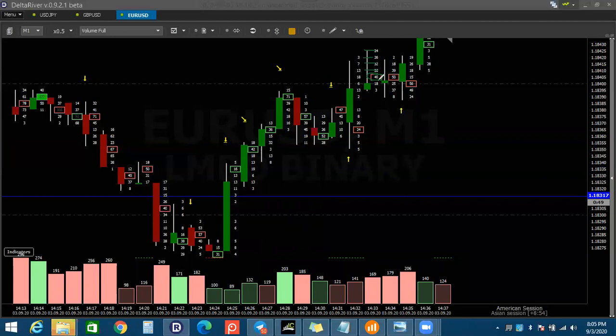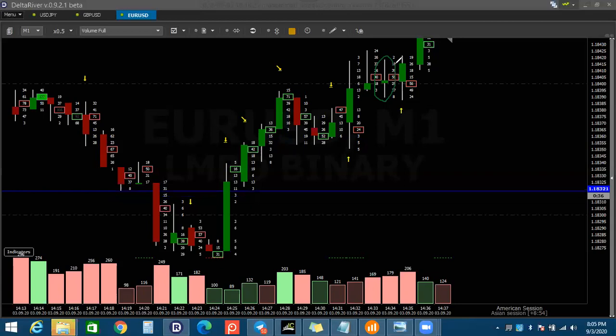The reason this candlestick goes up: there is a little bit of difference in the candlestick bodies and wicks in IQ Option. If you look there, it's not a green candle, it's a doji candle in IQ Option, or maybe a red candle.